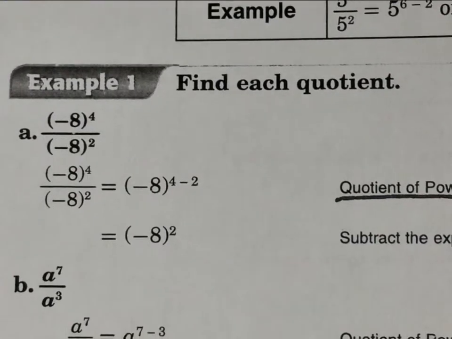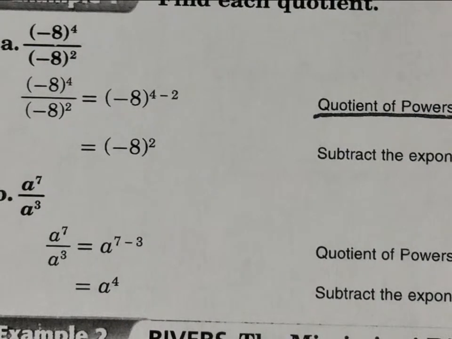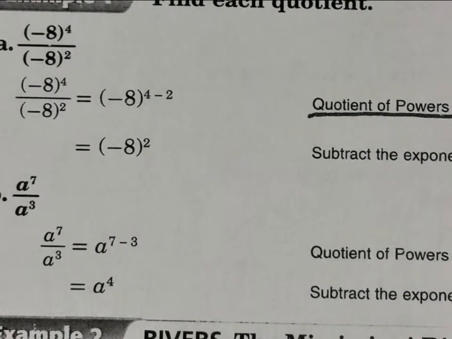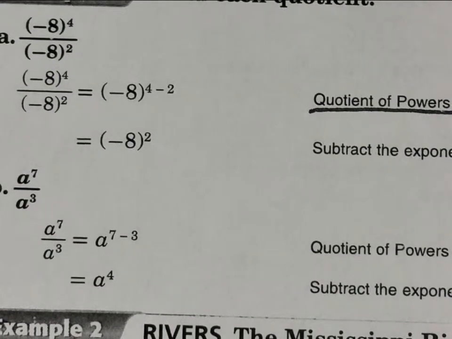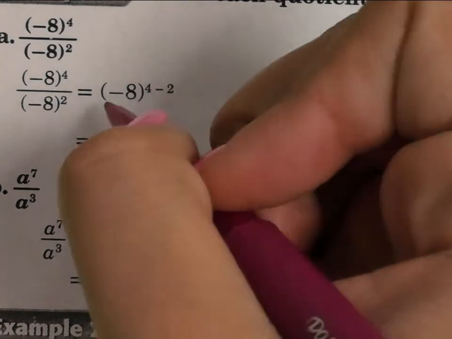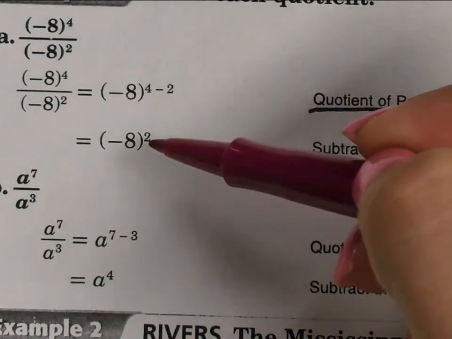Alright, so A, I've got negative 8 to the 4th divided by negative 8 squared. Do I have the same base? Yes, negative 8. So can I subtract the exponents? Yes. So I've got negative 8 to the 4 minus 2, which gives me negative 8 to the second.